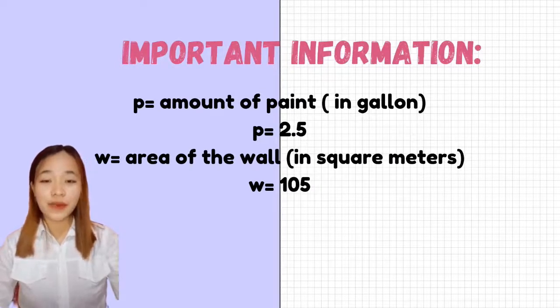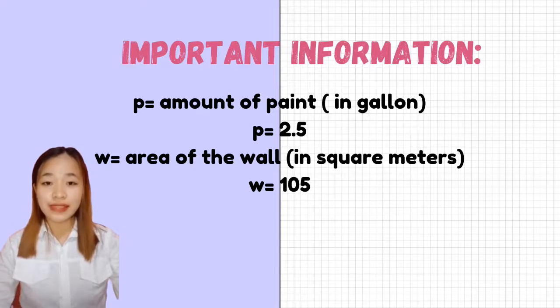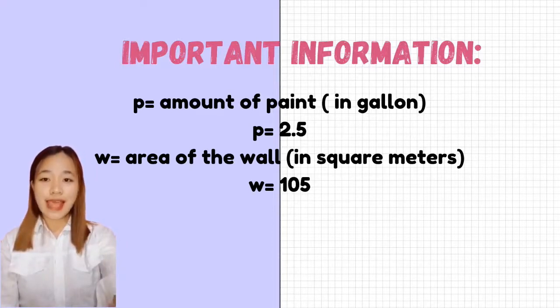After we analyze the question and give our thought on it, the next important step is to find and list all the numbers needed to solve the problem. So first, let's have P, the amount of paint in gallons, where P is equal to 2.5.